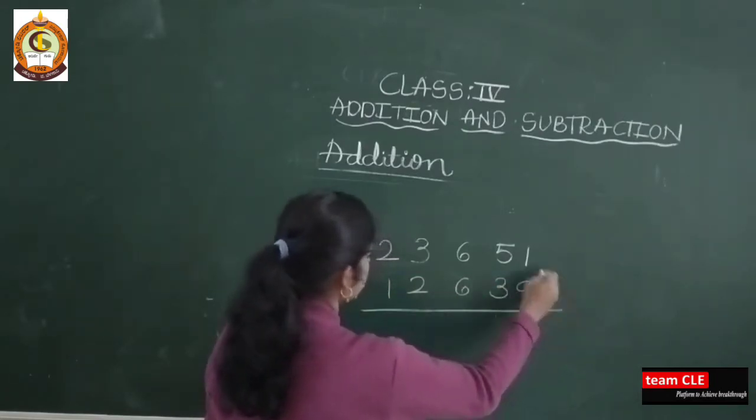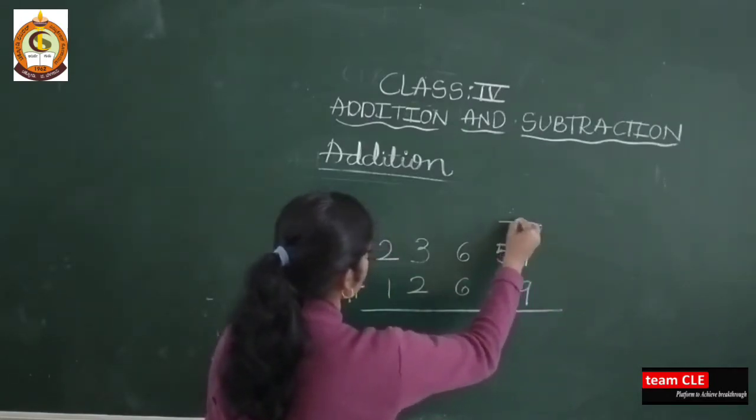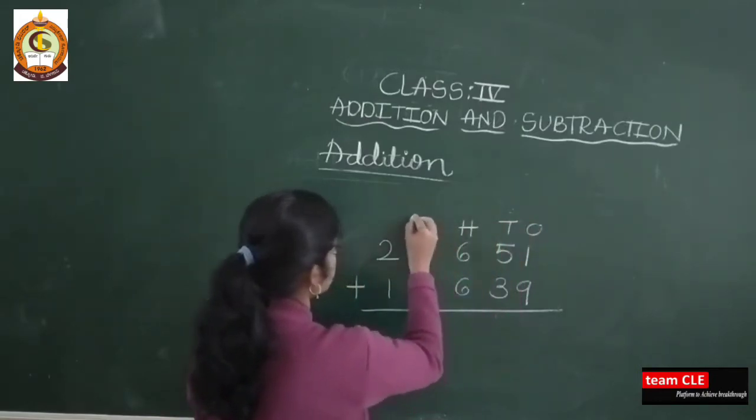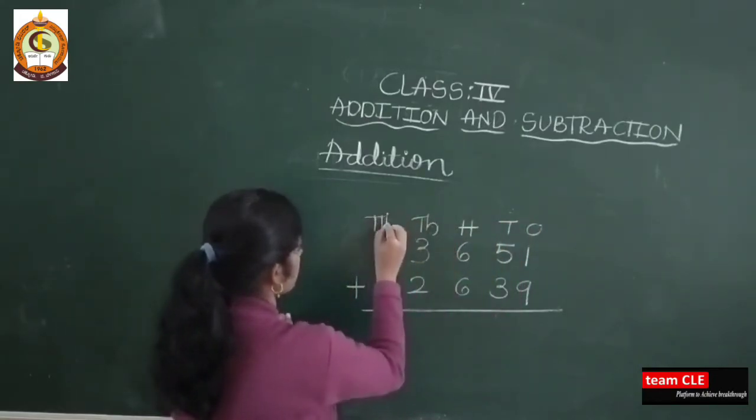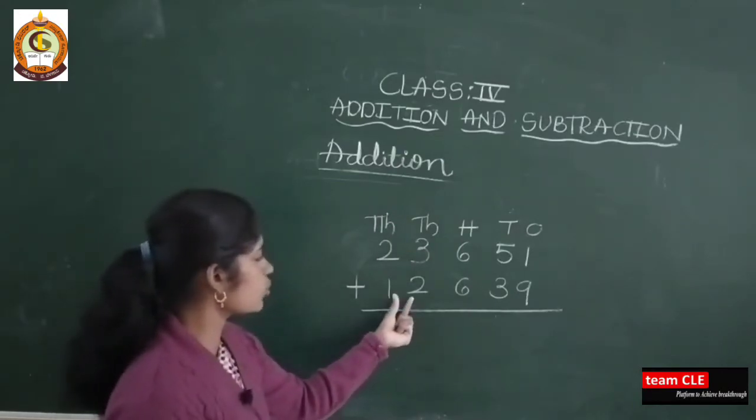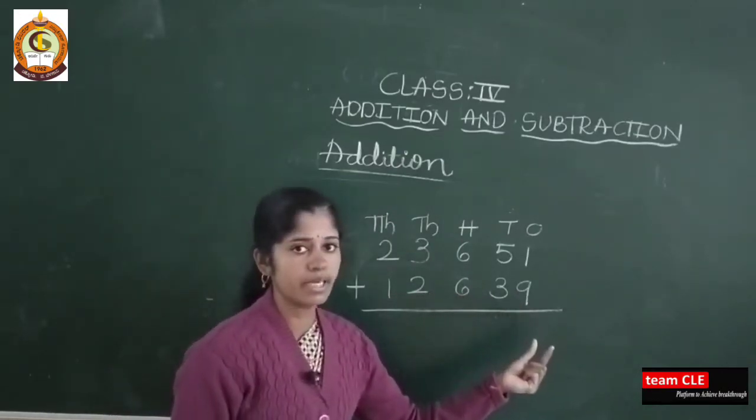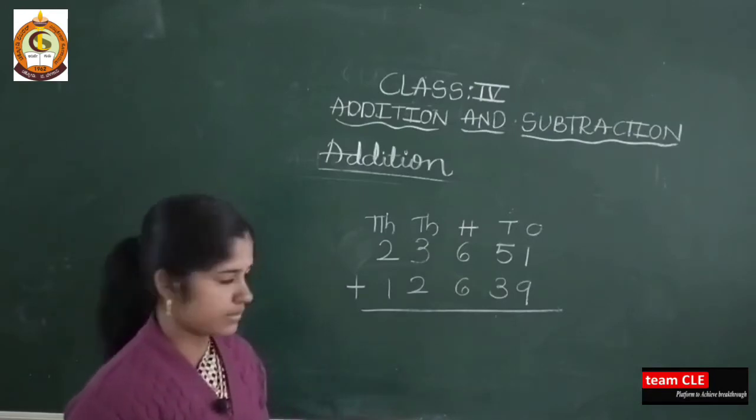Write the place values: ones, tens, hundreds, thousands, 10,000.